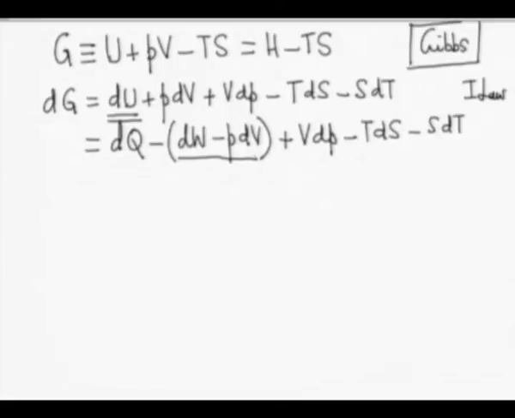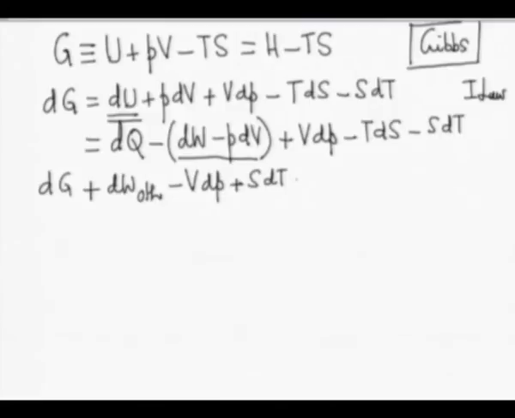And now what we will do, like the earlier one, is this dq minus TdS, those two terms we will keep on the right hand side, everything else we will take on the left hand side. So on the left hand side we will have dG minus, actually here plus, because minus dw minus PdV, I will put it as dw other, and then on this side I will have minus VdP plus SdT.